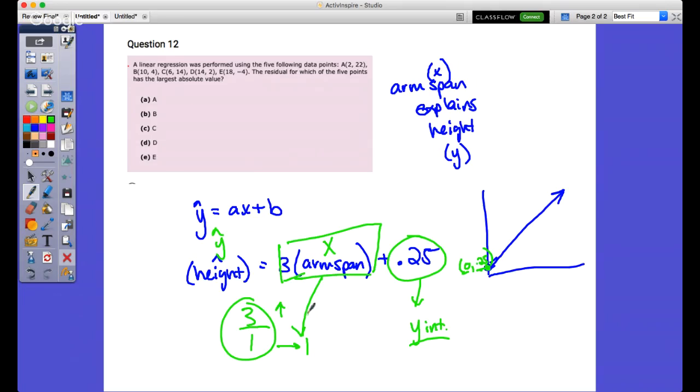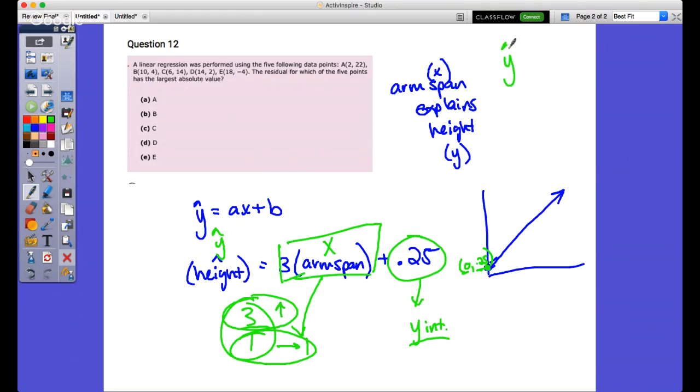Interpreting this, we would say that as my arm span increases by 1, whatever the context is, it is predicted that my height will increase by 3, feet, inches, whatever we're talking about. When we talk about the rise over run, it's very important that you understand that the rise is my y, my run is my 1.